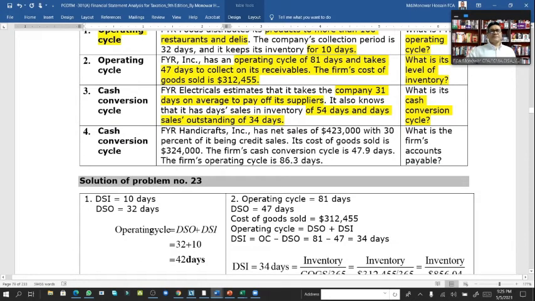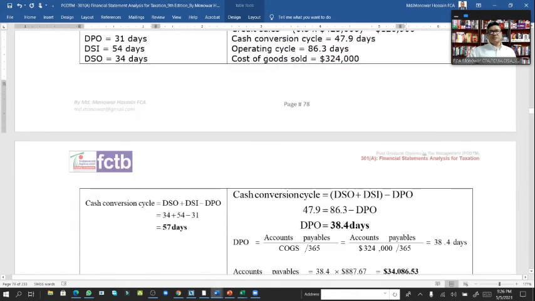And same way, another company net sale 4,23,000 with 30% being credit sale. Its cost of goods sold is 3,24,000. The company's cash conversion cycle is 47.9 days. The company's operating cycle 86.3 days. So what we have to do, we have to calculate the accounts payable. What would be the accounts payable? So accounts payable is calculating here.